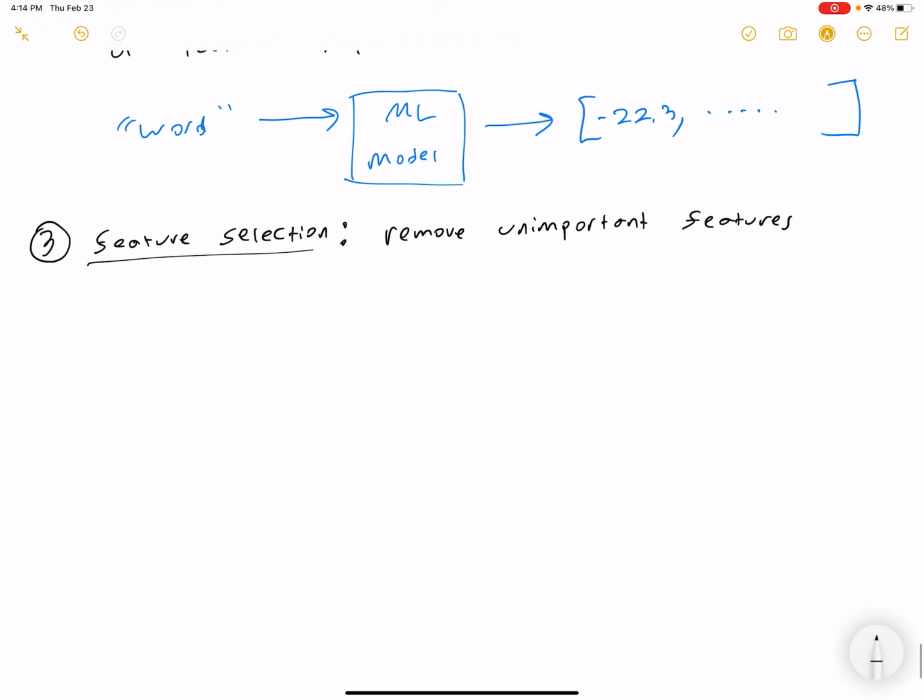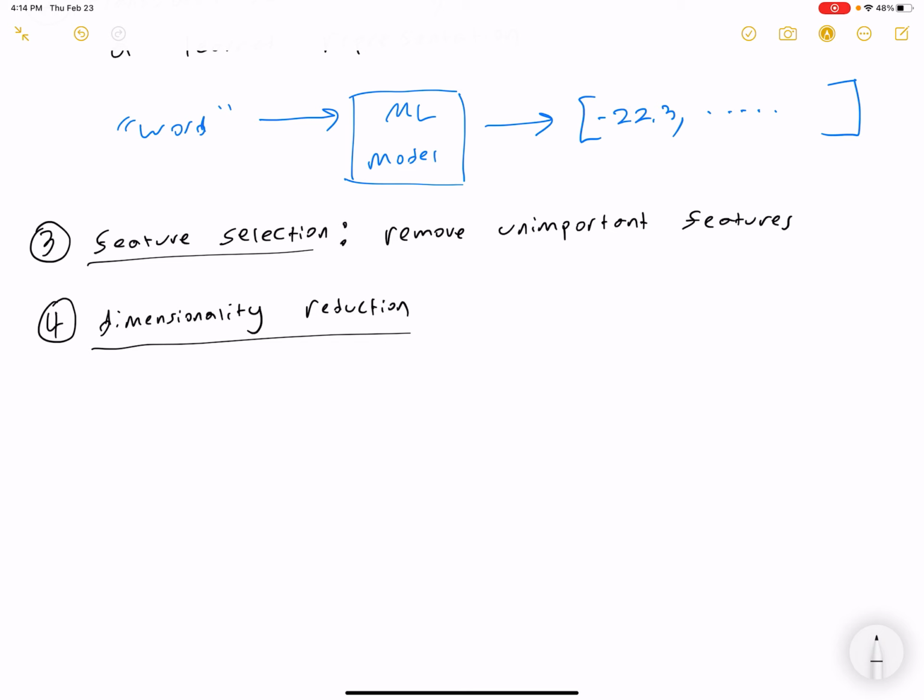We'll talk about that more next time. And approach 4, which we've talked about a lot, is dimensionality reduction, where we convert our high dimensional data into a low dimensional representation where the low dimensions only keep the important features of the original data set.